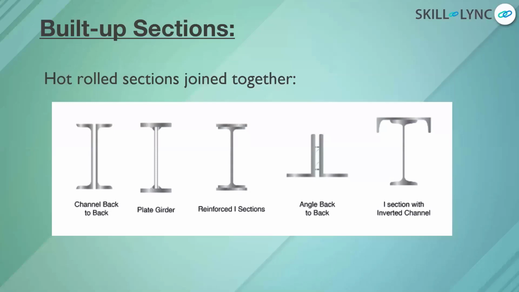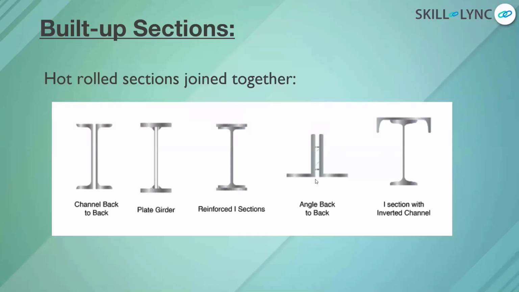So in that case, we go with built up sections, a combination of two or more hot rolled sections joined together at intervals. The joining is done with direct welding, or we may connect it with a plate, so that the thickness or the width of the flange increases.